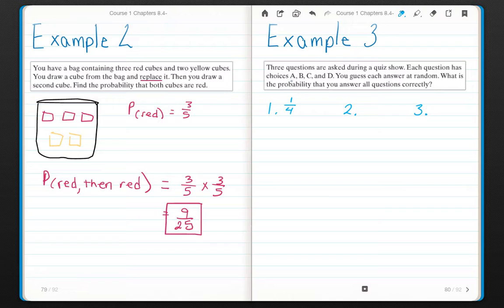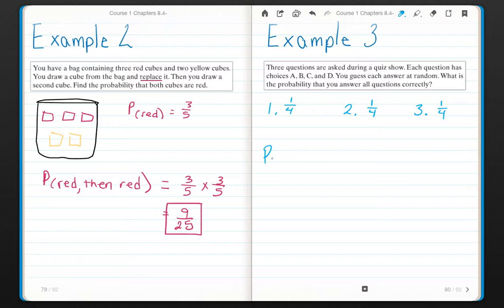Only one of these answers, A, B, C, or D, is the correct one, and there are 4 possible answers. So the probability of answering question 1 is 1/4, but the answer to number 2 has nothing to do with the answers to number 1, so the probability of answering number 2 correctly is also 1/4, and the probability of answering number 3 correctly is also 1/4.